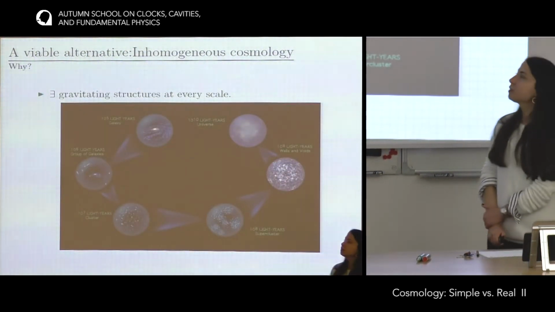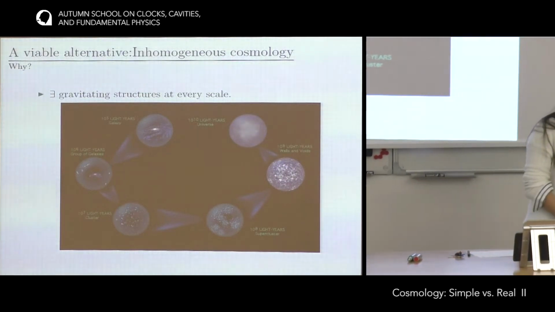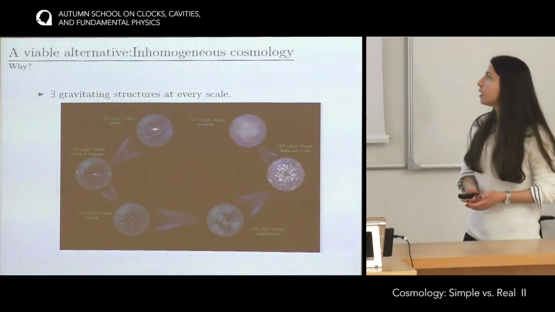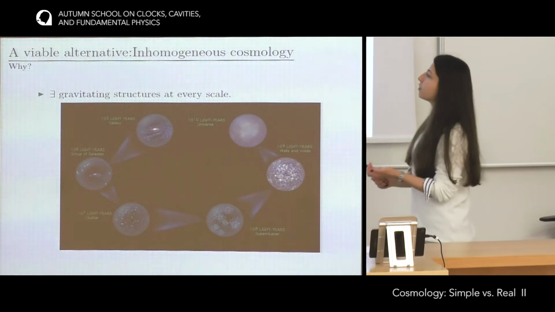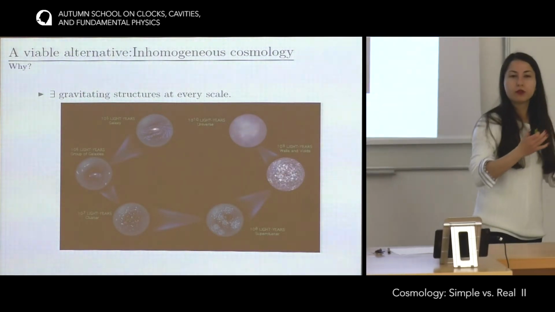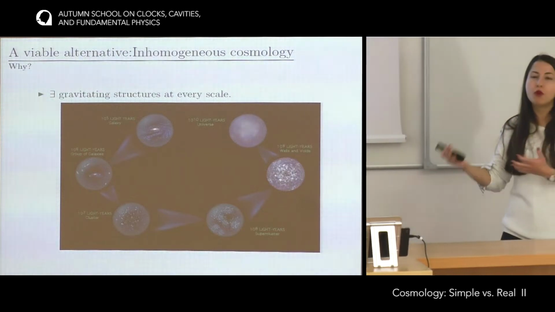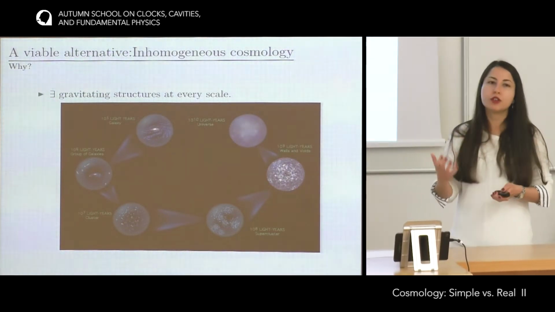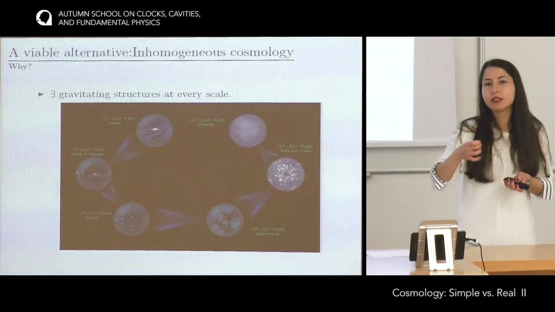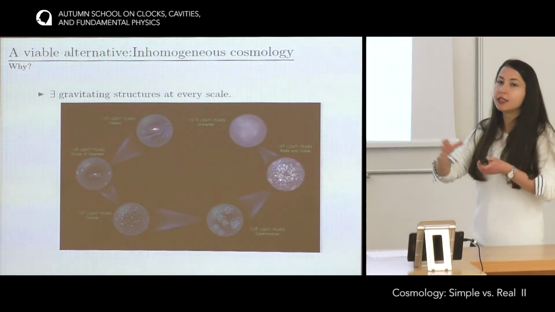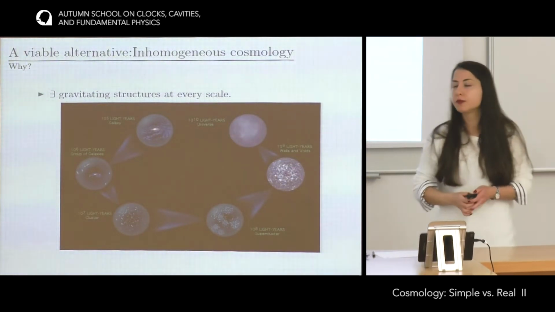And there are gravitating structures at every scale, to which different geometries apply. We have galaxies, galaxy clusters, superclusters, and then all those filaments, voids, and walls in which gravity or the geometry is actually different. You cannot assign just one geometry at every scale you look.